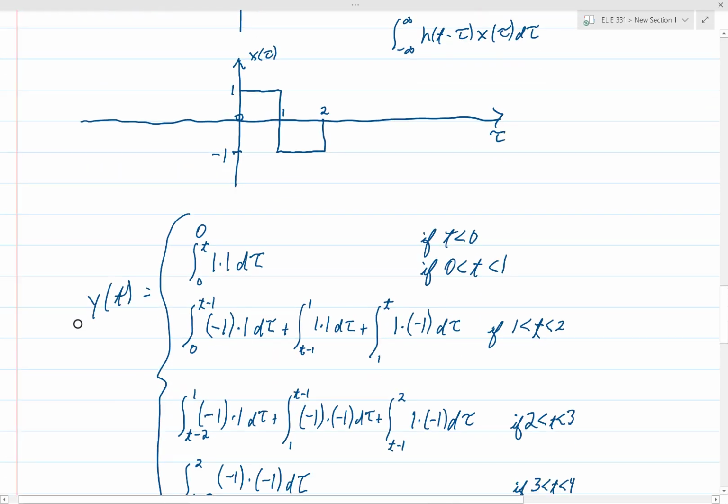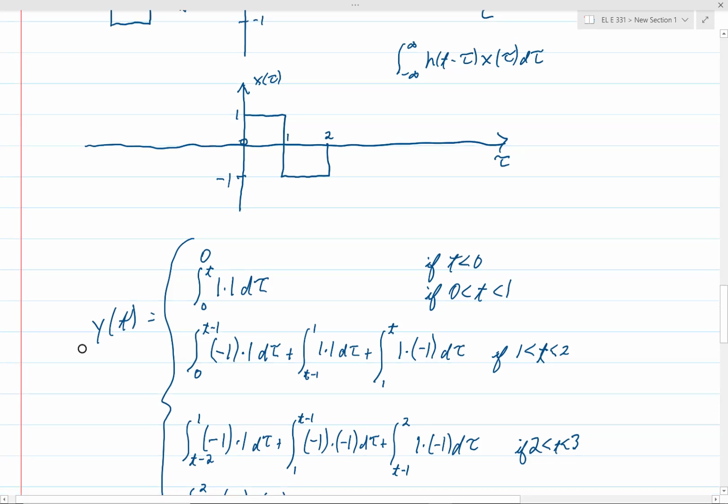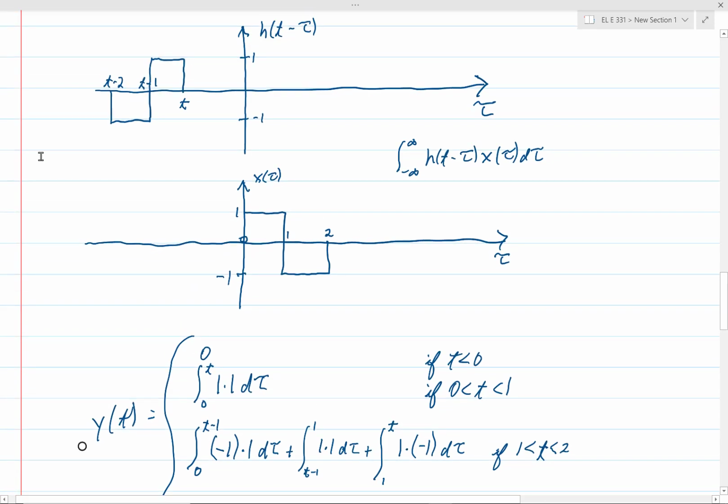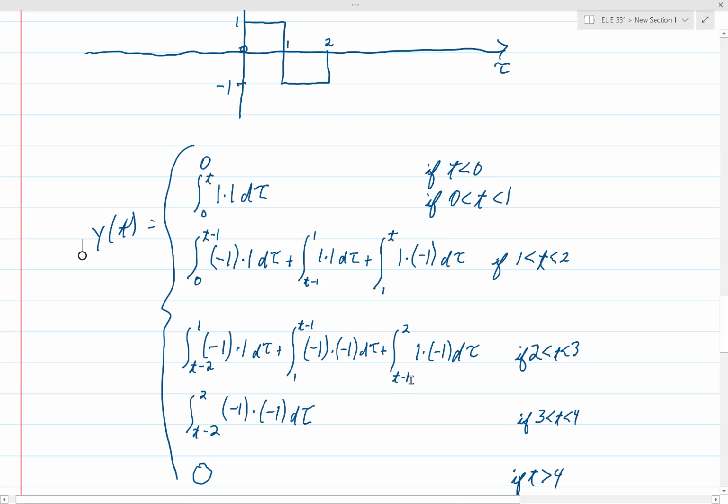So we'll have 1 since the h is positive, negative 1 since x is negative, and then what will be the limits? It will be from t minus 1. Remember, we're looking at the case here where t minus 1 is over here. t minus 1 to 2, as you see right here.